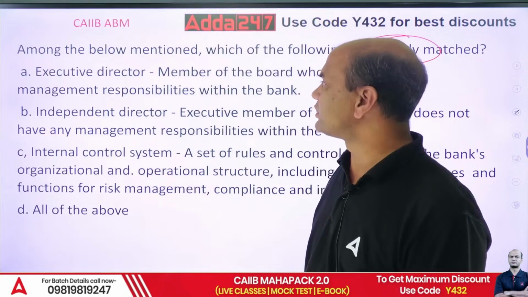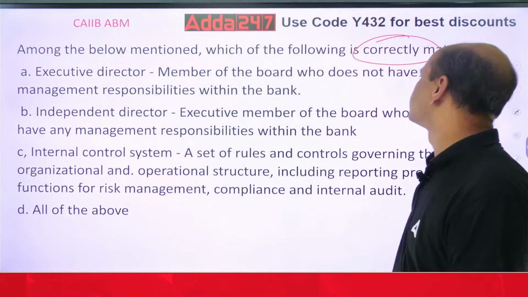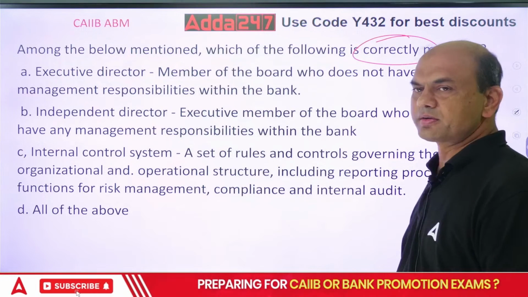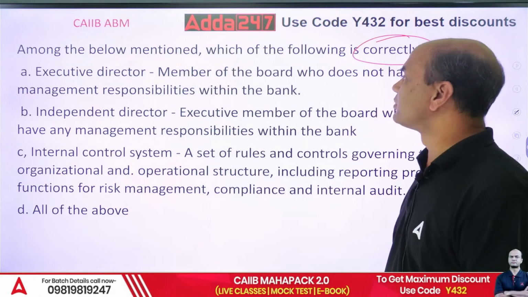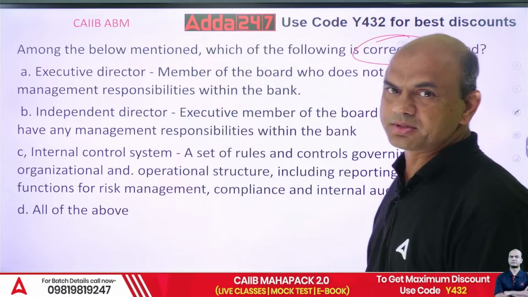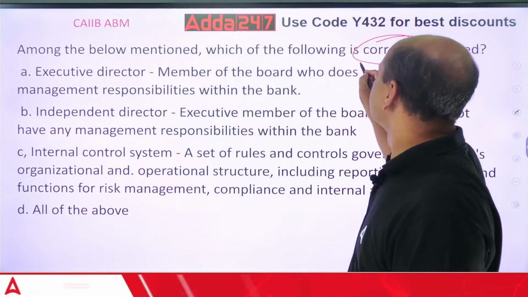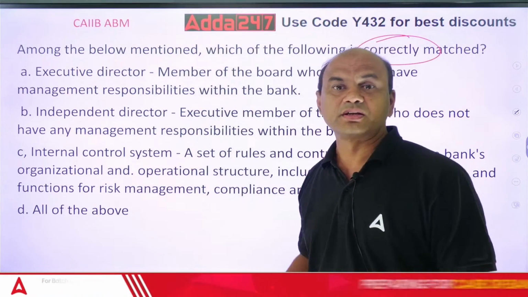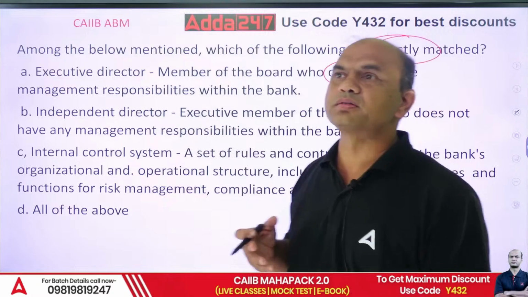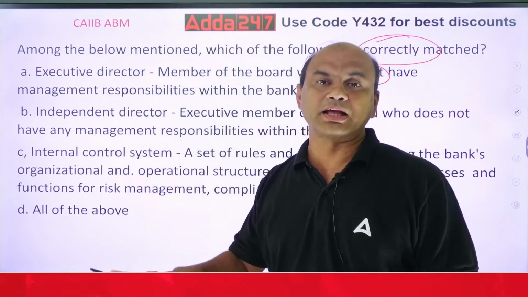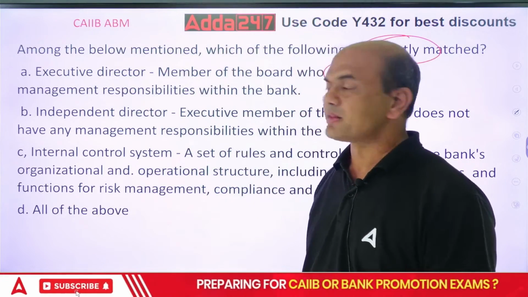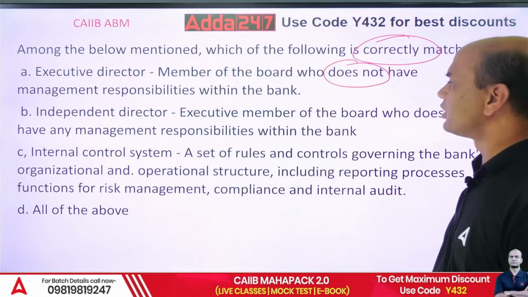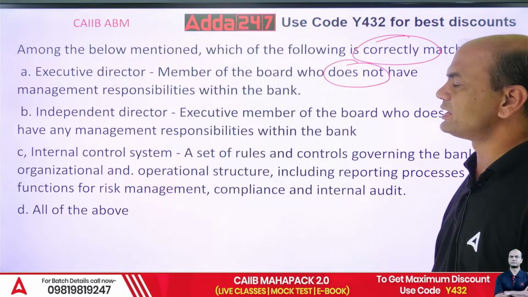So executive director means a member of the board who does not have management responsibilities within the bank. He is independent, sort of not directly liable to the management. Independent director, executive member of the board who does not have management responsibilities.